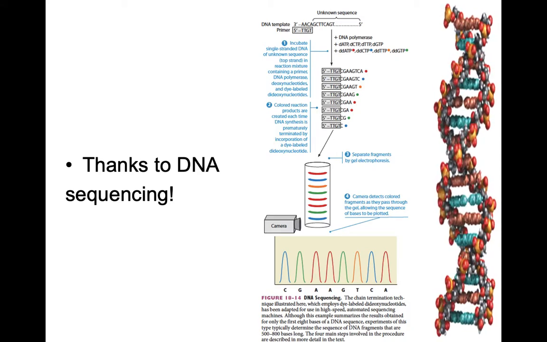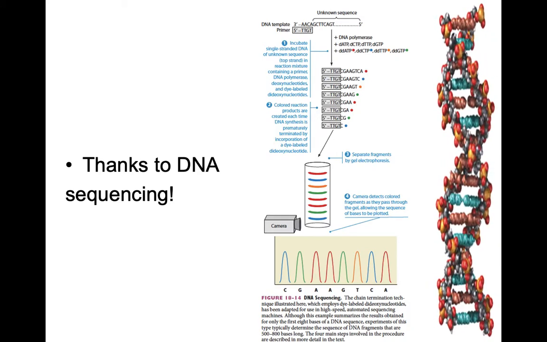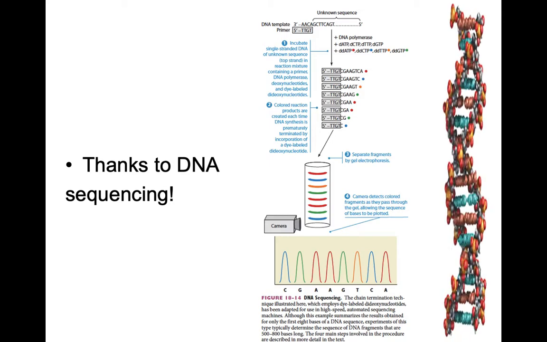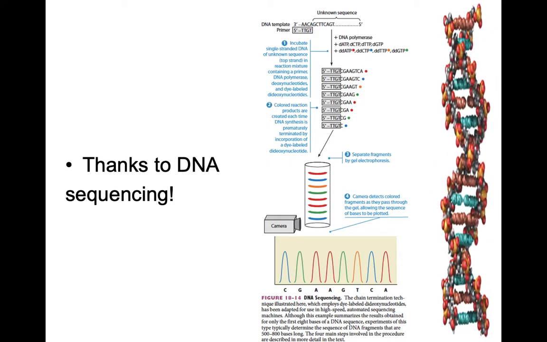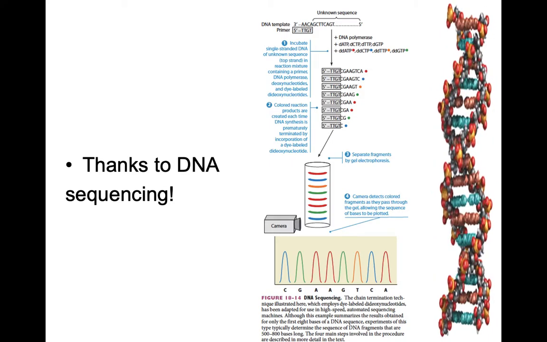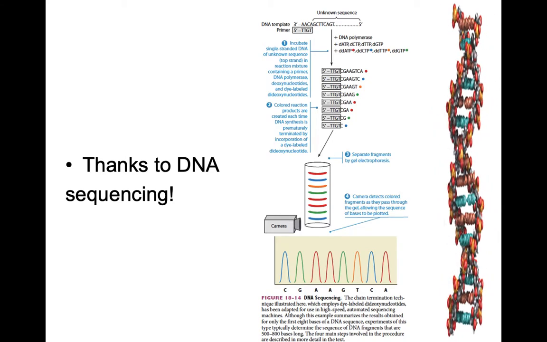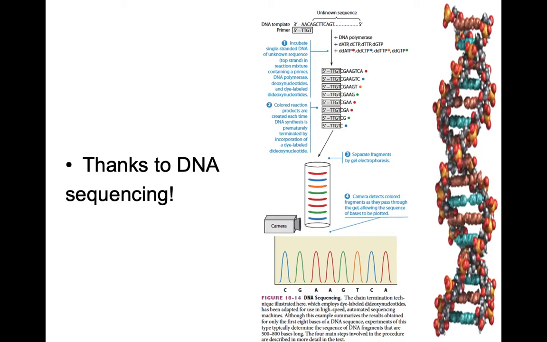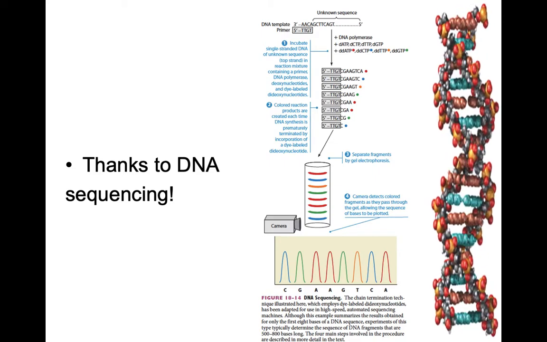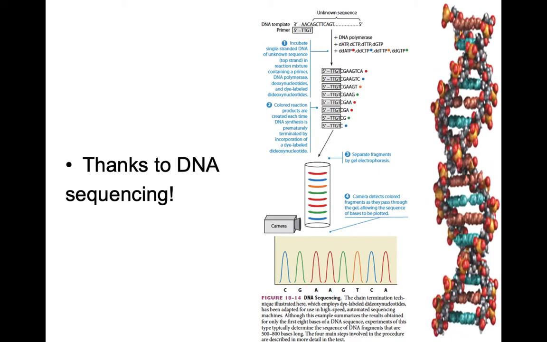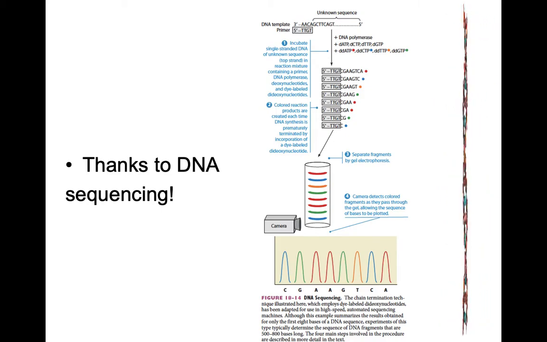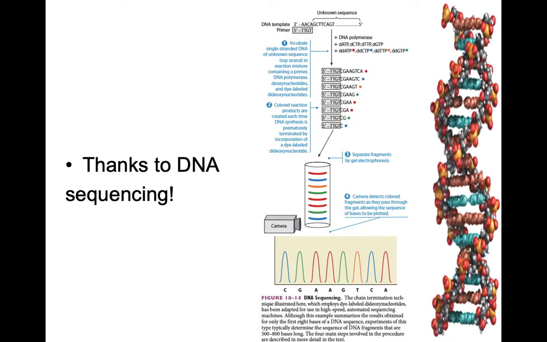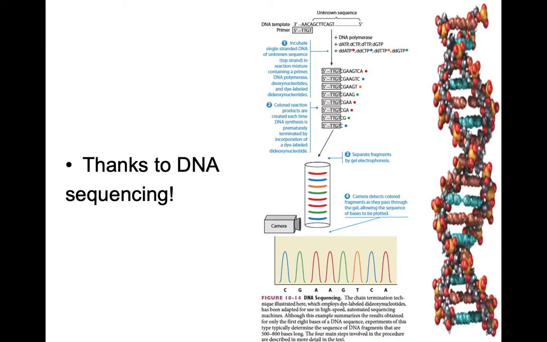So before, we had what we call Sanger sequencing, where we can sequence a DNA segment using a termination technique. Now we have high throughput sequencing, so-called next generation sequencing. In next generation sequencing, there is massive parallel sequencing happening.